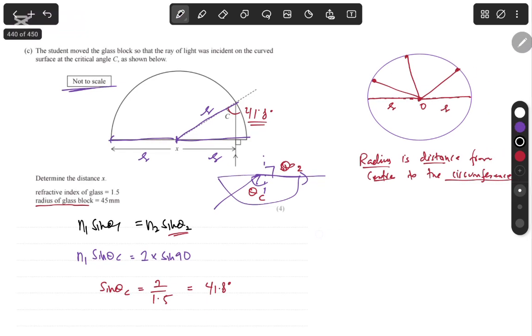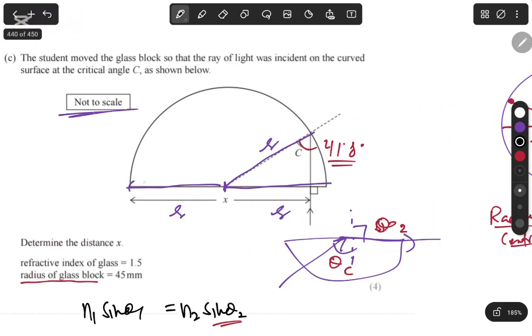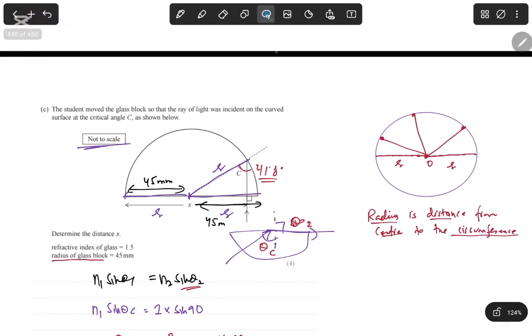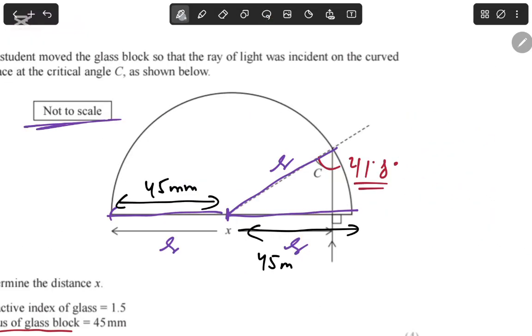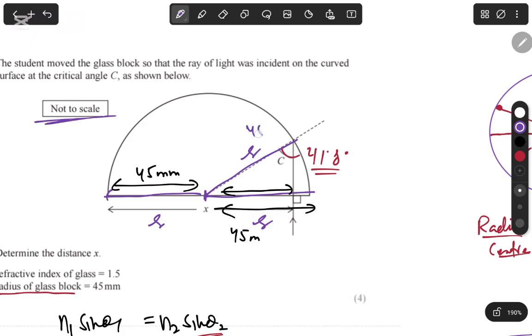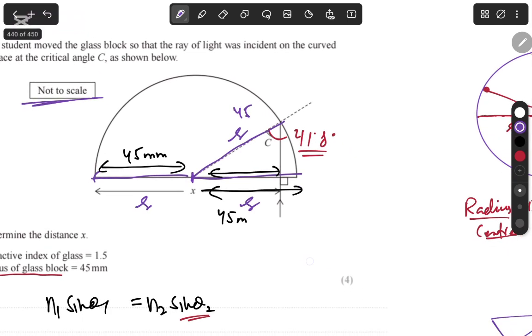Okay, so what I can say here is I know this distance is going to be 45 millimeter, and I know this entire thing is going to be 45 millimeter. I think it's getting a bit complicated. Let me just move some things out of it. Okay, and now I need to find this distance right over here. We can find the distance quite easily because we also know this is 45, right? We have the triangle right over here. This is 45.